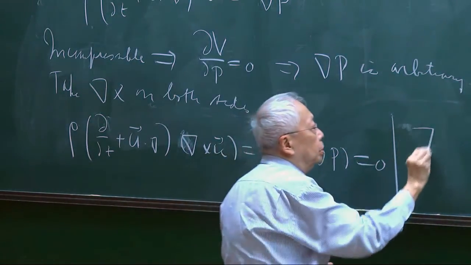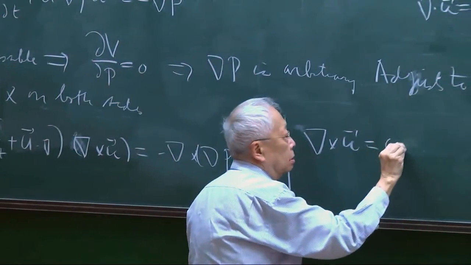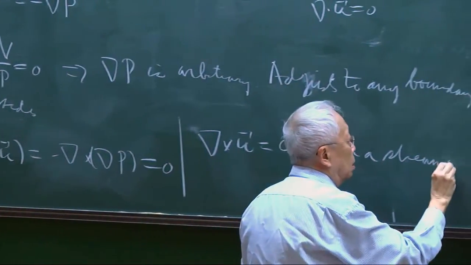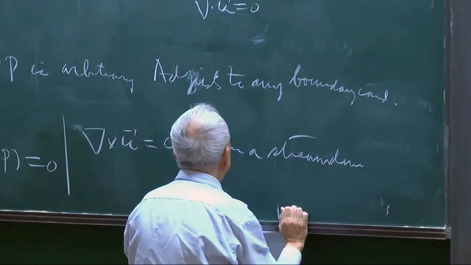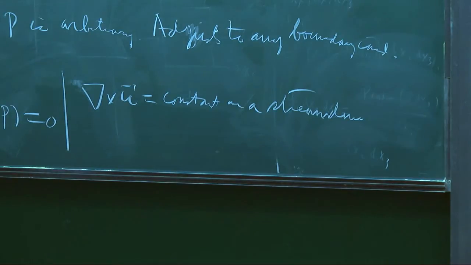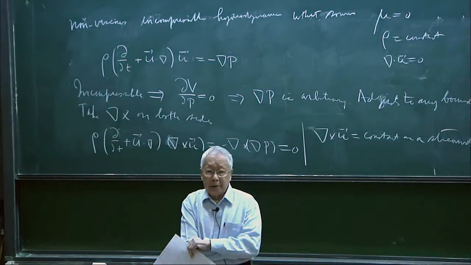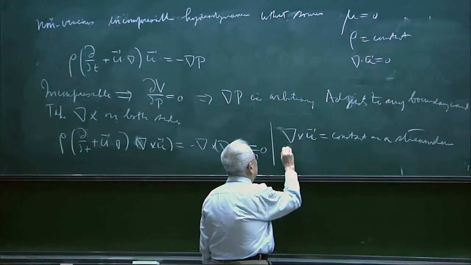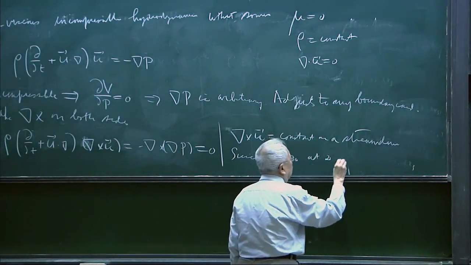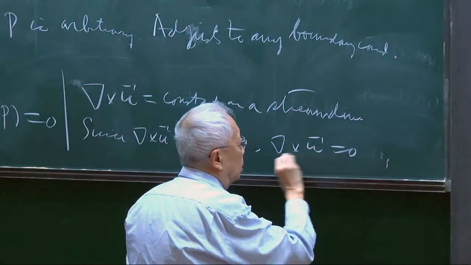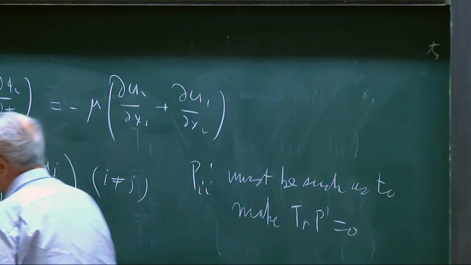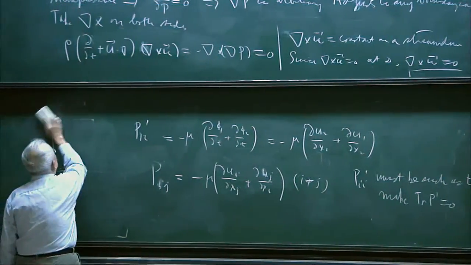So this means the curl of u is constant on a streamline. So if you follow the flow of the fluid, curl u is constant. But since for most systems there's no rotation of fluid at infinity, curl u is 0 everywhere. So the consequence is that we have a flow in which there's no rotation, no vortex motion.